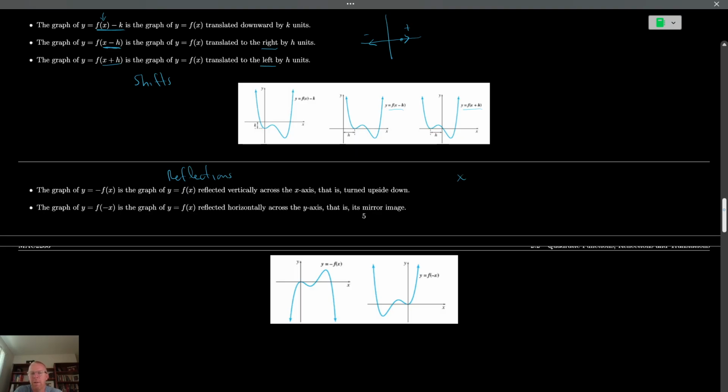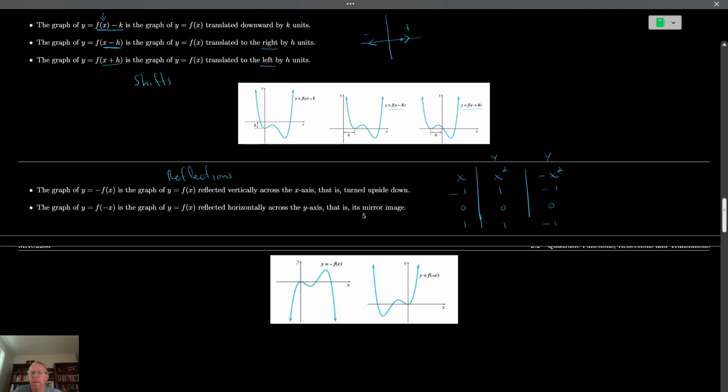So again, you could do a little table here. If we'll just do negative 1, 0, 1 for the x's, x squared, that would be 1, 0, 1. Negative x squared, now whatever this is, just make it negative. So it's taking all of these y values, and instead of 1, it's going to be negative 1.